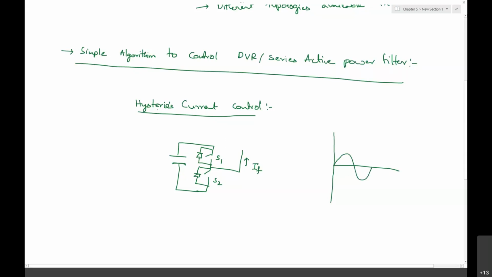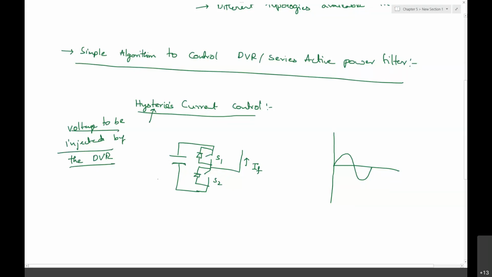I'm explaining that this hysteresis kind of current control technique can be used to control the voltage to be injected by the dynamic voltage restorer also.